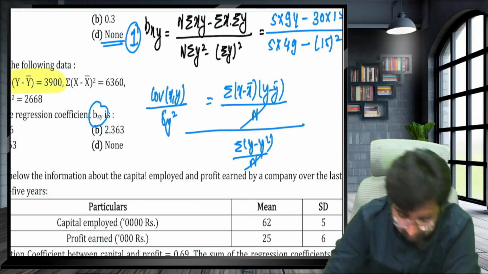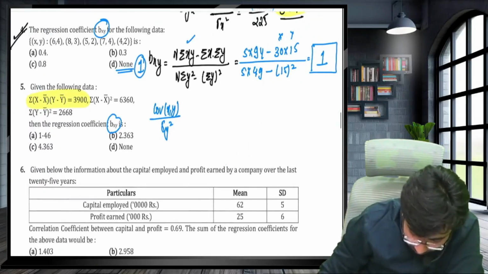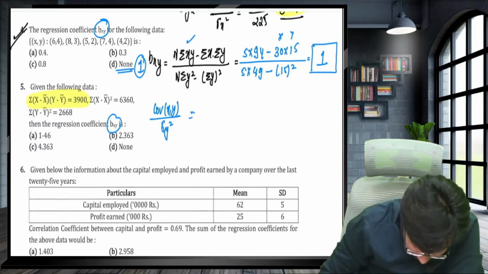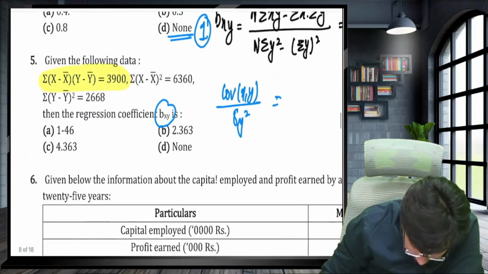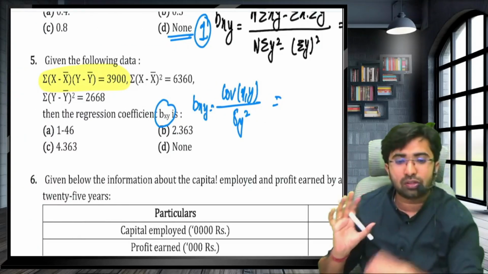See, very easy question. Don't panic about the n. Do you agree with me that the formula for b x on y is correct? This is the formula. Say yes or no.